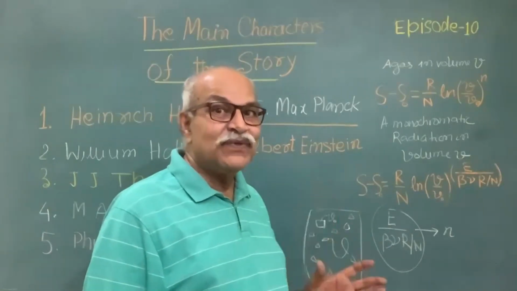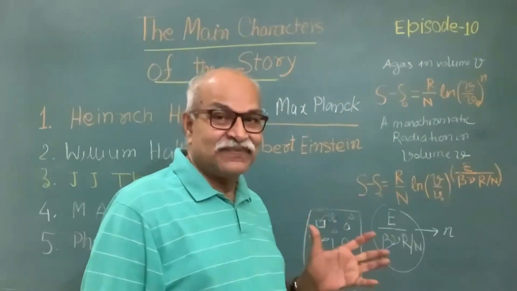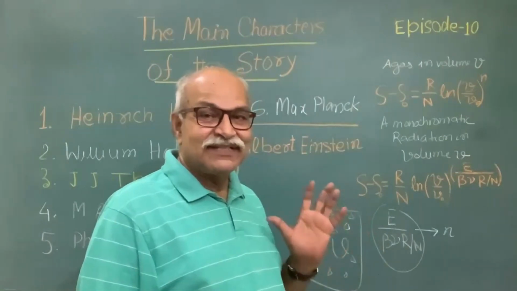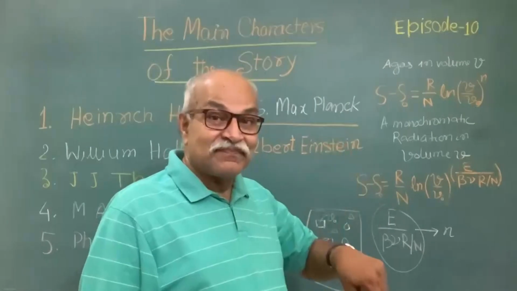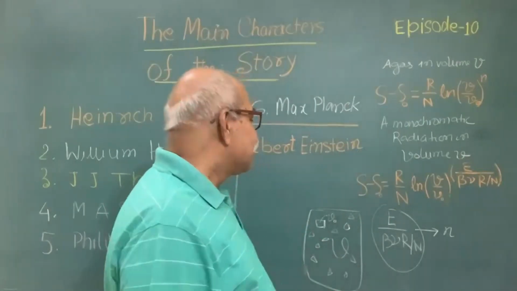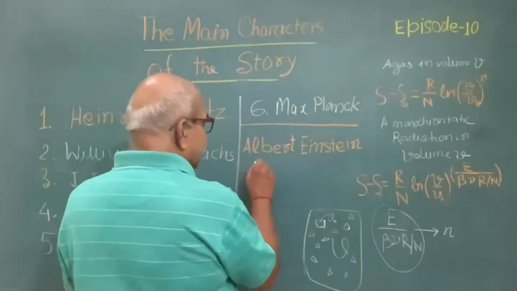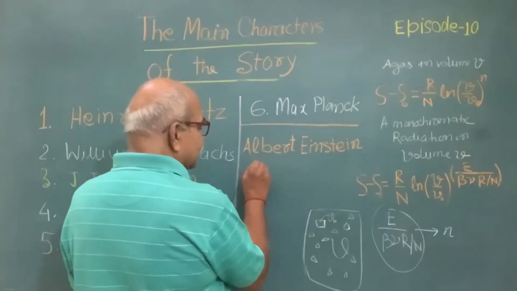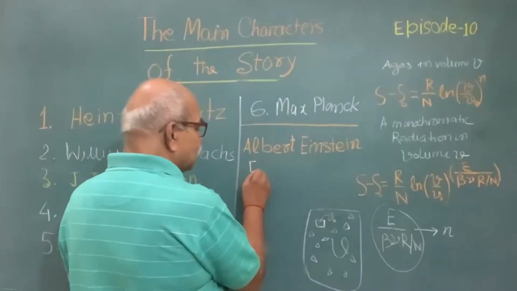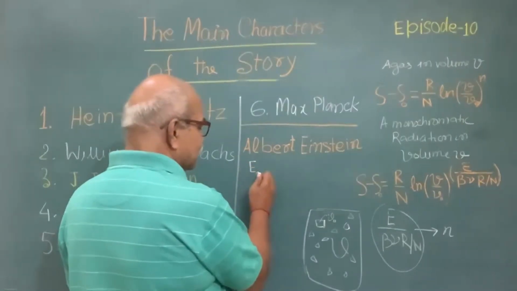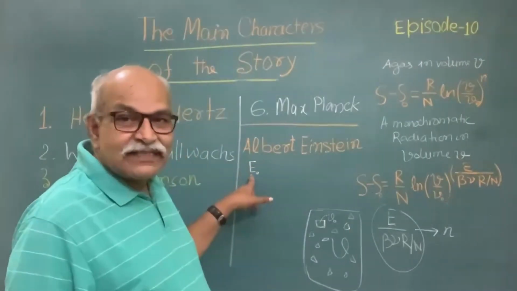If I assume that this is the same for all quanta, then how much is the energy per quantum? Since we have already used E here, let me call it some E naught. This is energy per quantum.